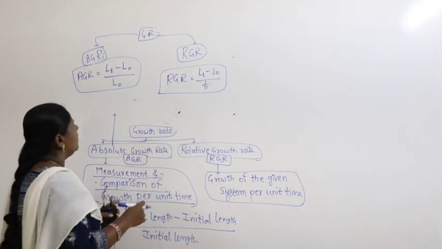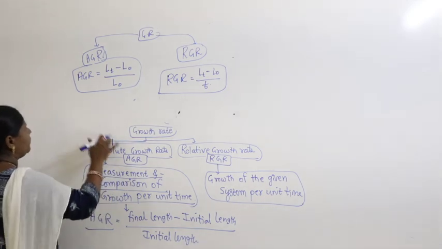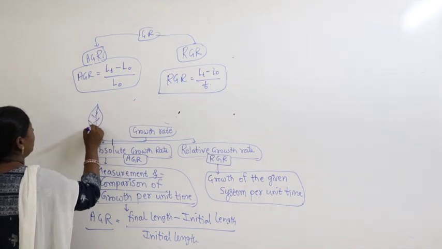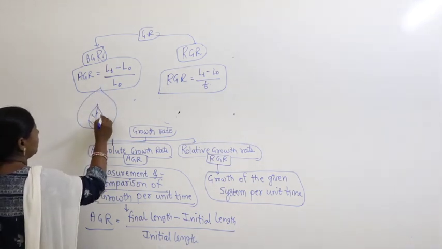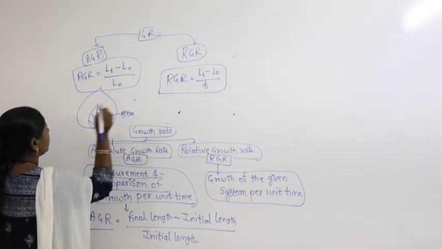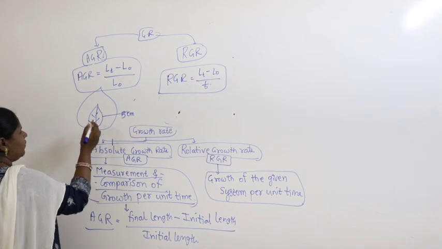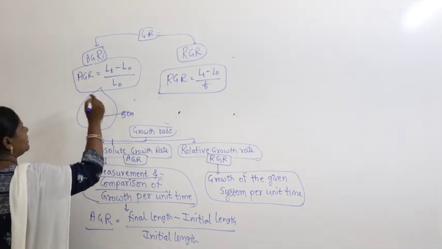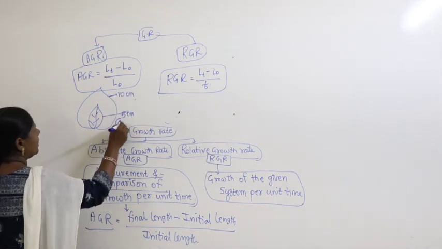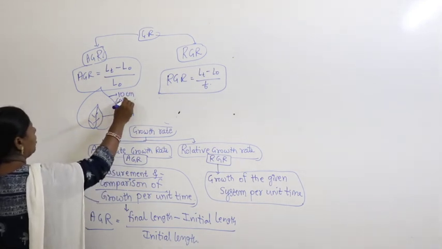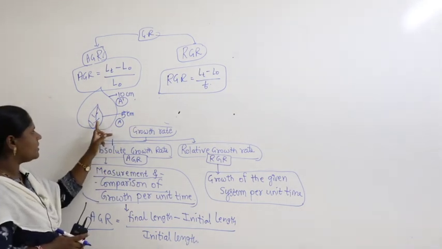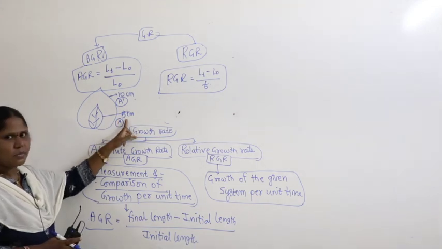So here in both the cases, if you observe, for example I am drawing an example here, this is a leaf. Initially it is 5 centimeters, and in 1 week of time it has now become 10 centimeters. Let us take this as A and this as A1. Initial surface area of the leaf is 5 centimeters.